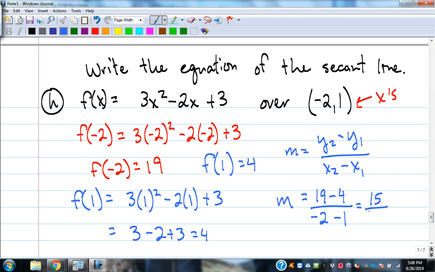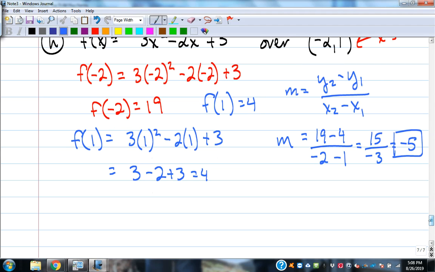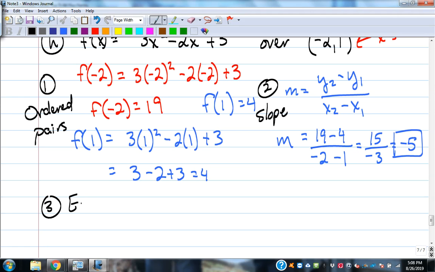So it'd be 15 over -3, which is -5. That's the slope of the line. One, ordered pairs. Two, slope. Three is the equation.